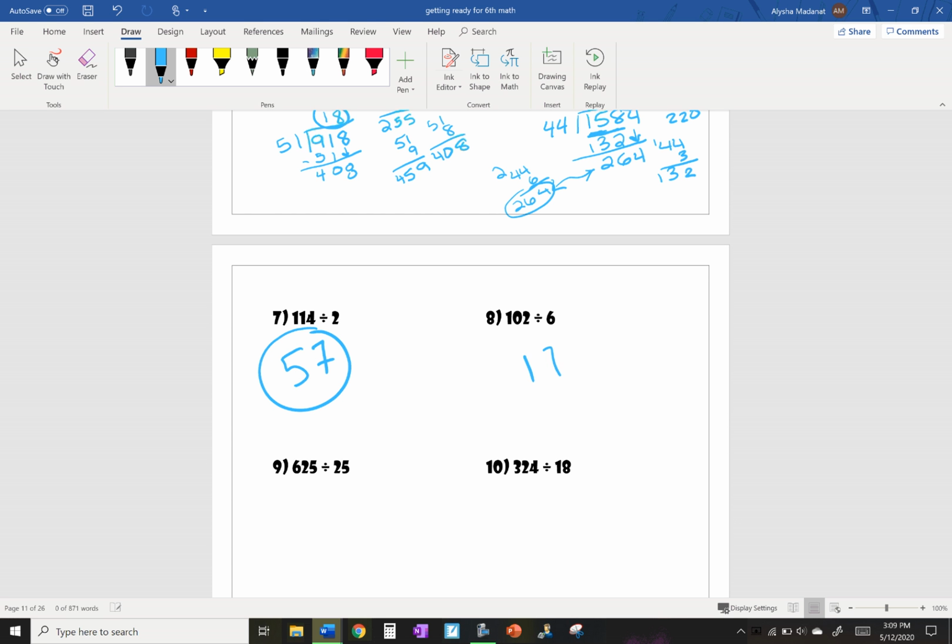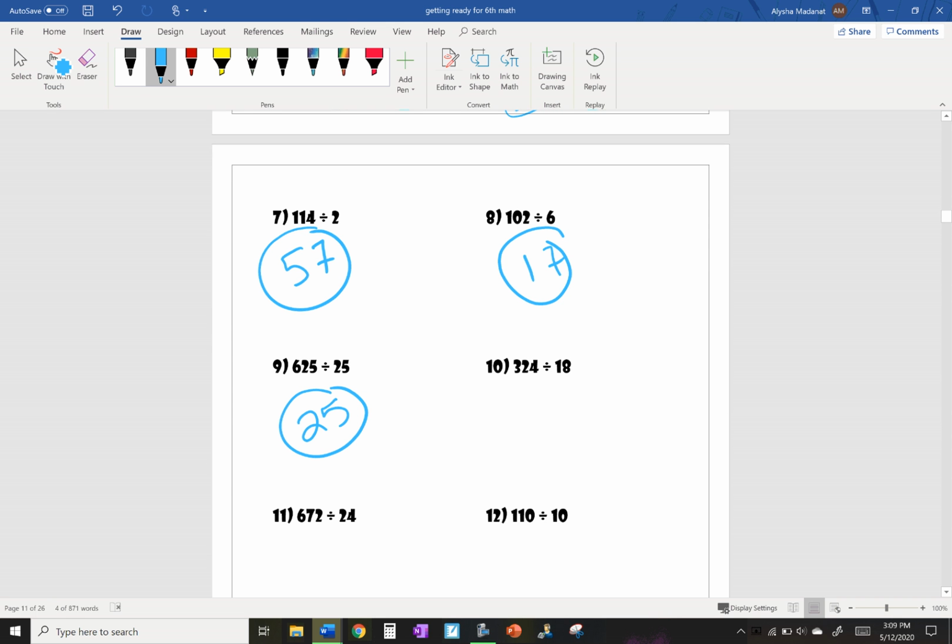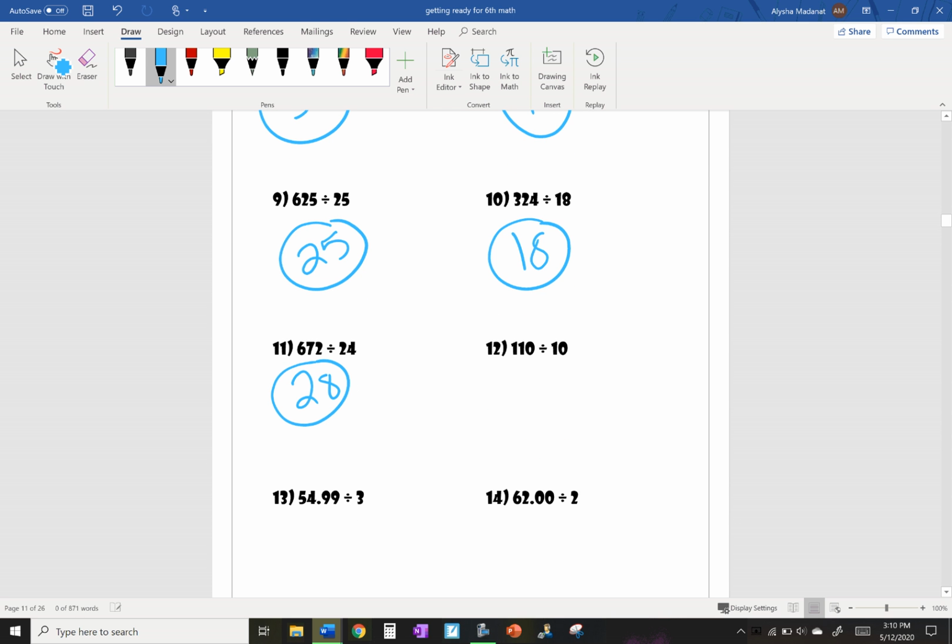That's going to give you 17 for your answer. 625 divided by 25 will give you 25. 324 divided by 18 is going to give you 18. 672 divided by 24 is going to give you 28. 110 divided by 10 is going to give you 11.